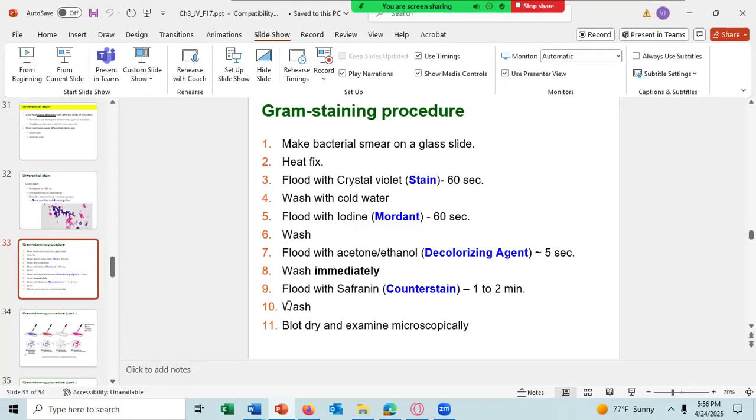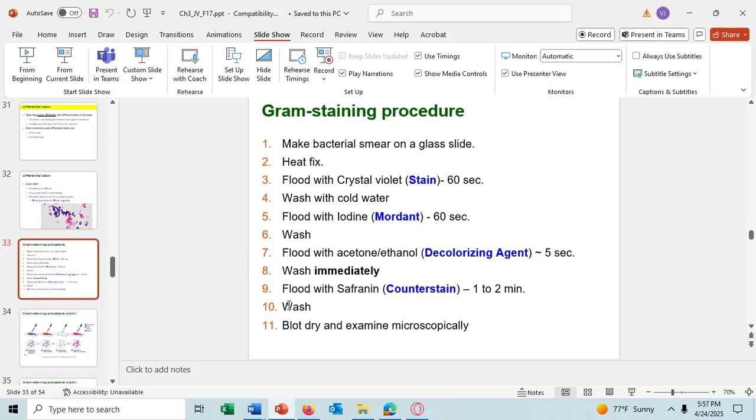with bibulous paper. How do you do that? We're going to pretend this is bibulous paper. You tear it off, fold it, and pretend this is my slide here. You have it folded before you put the slide in here. And then you just press it down. You just blot it.